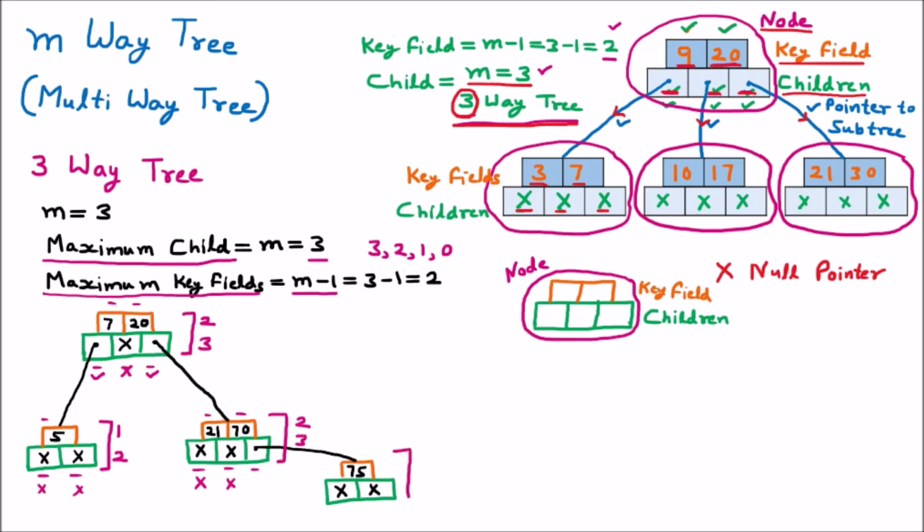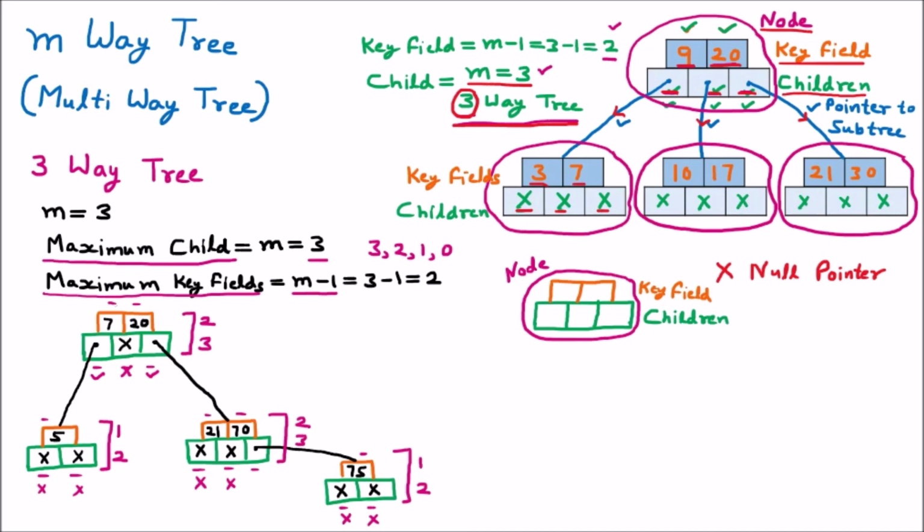In this node also we have the provision of 2 children. So 1 and 2, and 2 minus 1, that is 1 key field is attached, although we have not taken these 2 children.